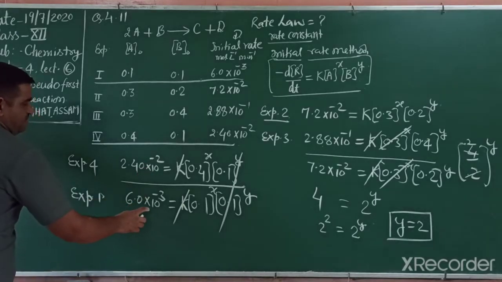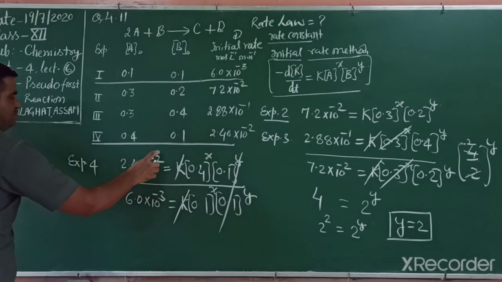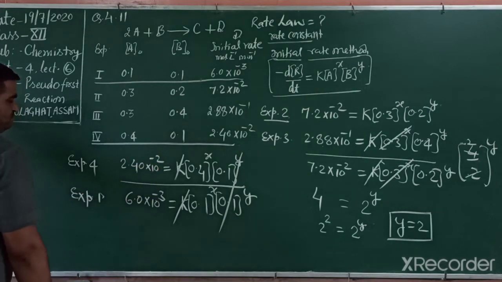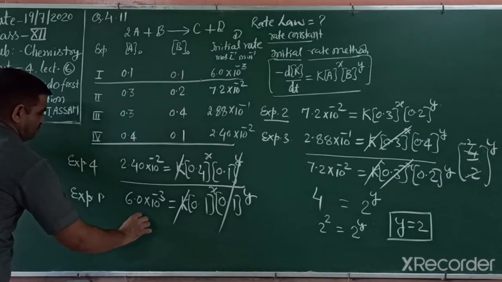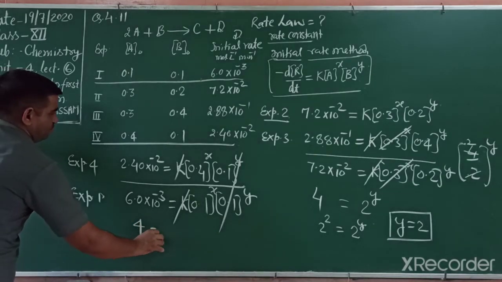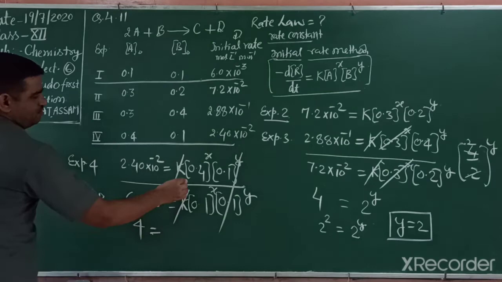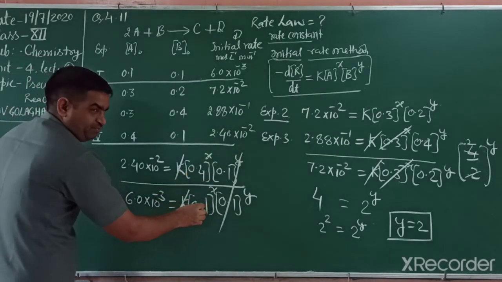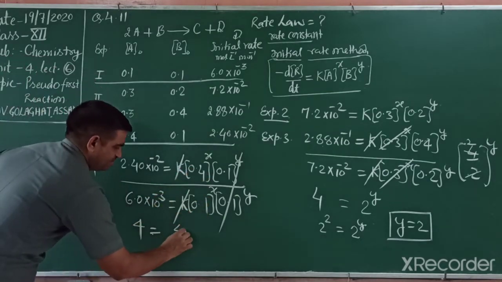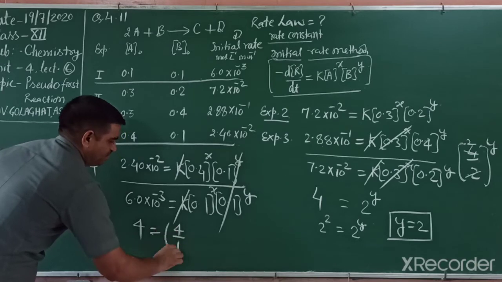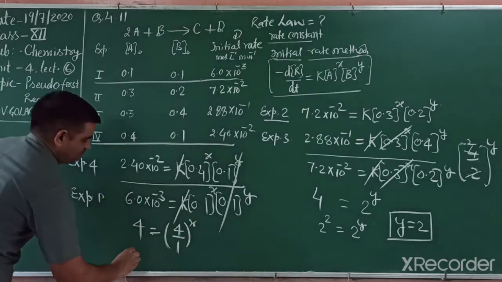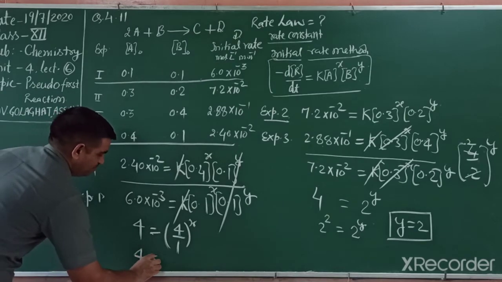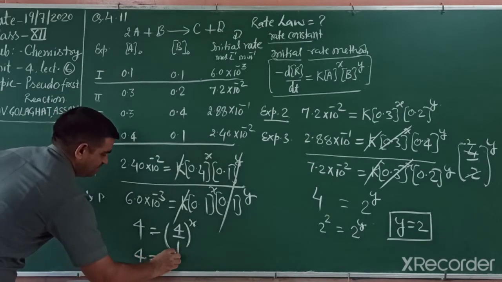we find this value 24 by 6 is 4, so 4 is equal to 0.4 by 0.1, so we can write 4 by 1 to the power x, that is, 4 is equal to 4 to the power x.